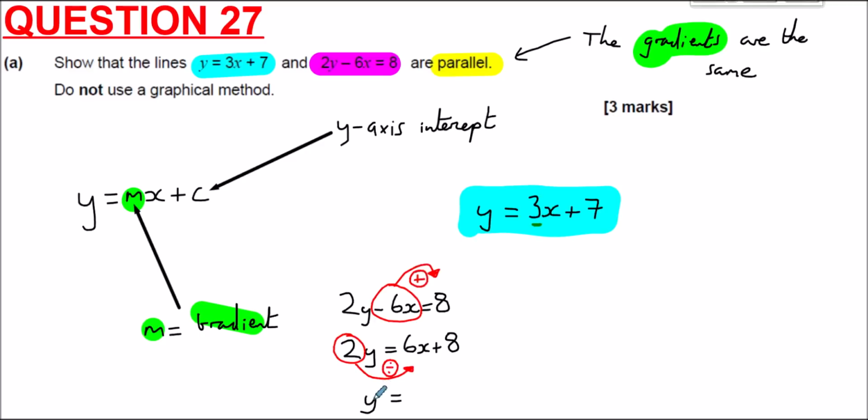And so in the form y equals mx plus c, if we halve both sides, half of 2y is y, half of 6x is 3x, and half of 8 is 4. So when I've rearranged this equation and got it in the form y equals mx plus c, you should find that it becomes y equals 3x plus 4.